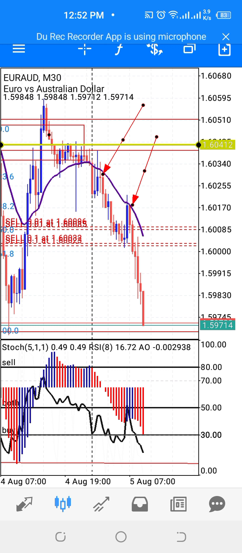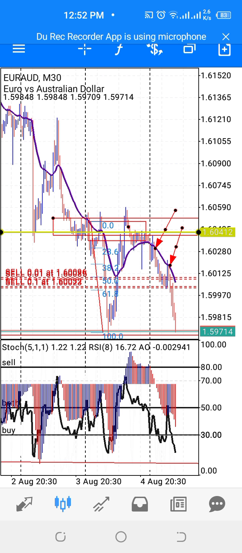Those are the entry areas. That's why I use the line strategy to enter the market, either at the top or at the bottom, at the supply area, or along the resistance at the 20 moving average.